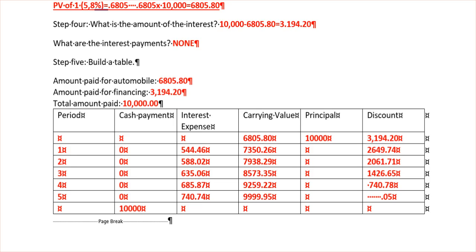So 8% of 6805.80 should get you the $544.46. Again, you may have some rounding there, and it may not come out exactly 46 cents, right? So that's perfectly fine. Round up if you want, or in some instances I've even seen people use problems where they don't even have cents in the problems.